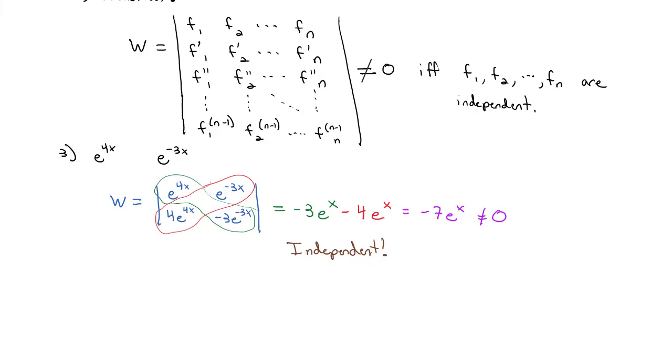Let's take a look at those three functions we began our discussion on independence with. We talked about the functions x squared, x, and 5x minus 2x squared. If we were to calculate the Wronskian for these, we have the functions x squared, x, and 5x minus 2x squared.